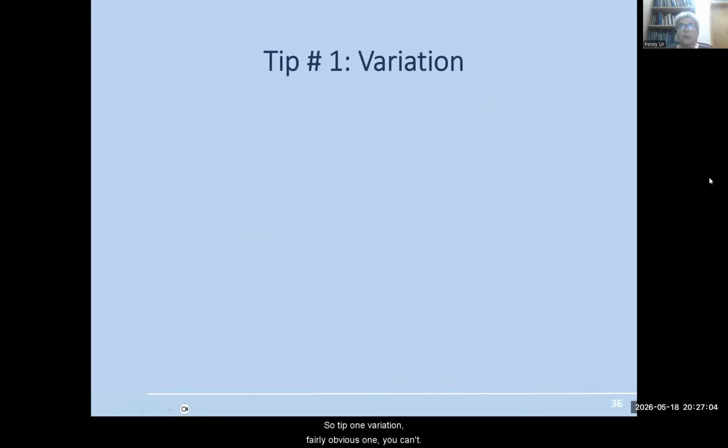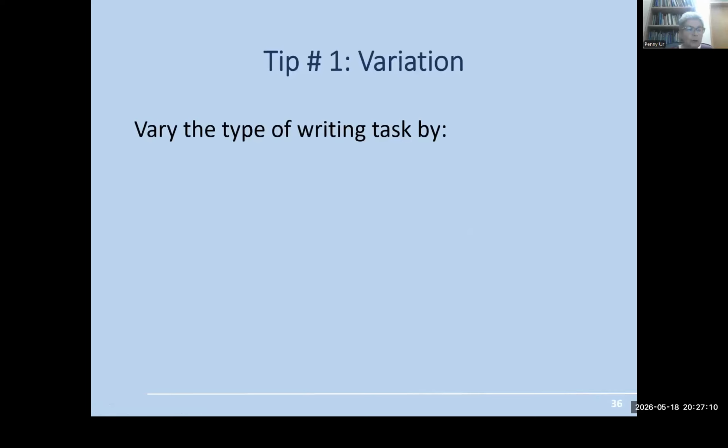So, tip 1, variation, this is a fairly obvious one. Abraham Lincoln is said to have said, you can fool some of the people all of the time and all of the people some of the time, but you can't fool all of the people all of the time. And for us teachers, we can teach some of the students all of the time and all of the students some of the time.